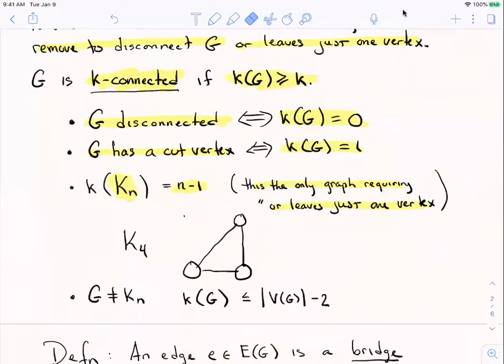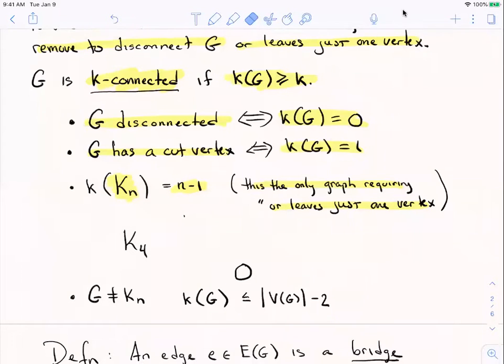So we have a K3 here, and then I remove a vertex and take the edges with it. I get a K2, remove a vertex and the edge, and I get a K1, just one vertex. So that ended up taking 3 vertices removed. So the connectivity of K4 was 3.